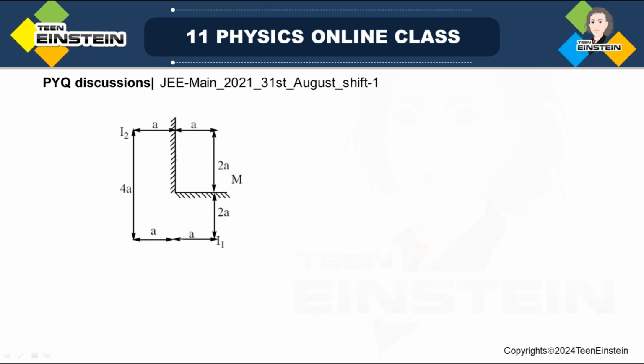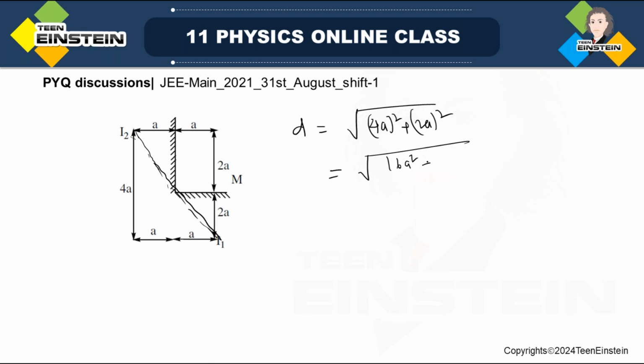Let me show you the proper figure over here. We need to actually find out the distance between these two, the hypotenuse of this right angle triangle. So this distance is square root of 4a square plus 2a square. So you'll get 16a square plus 4a square, that means 20a square.